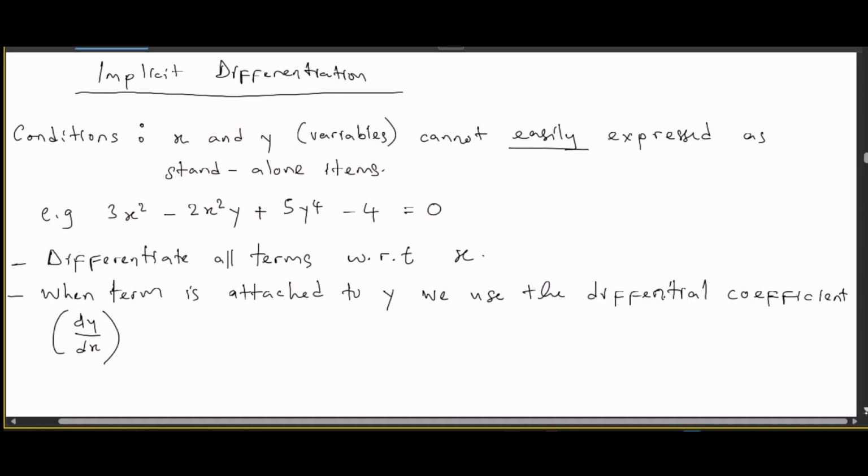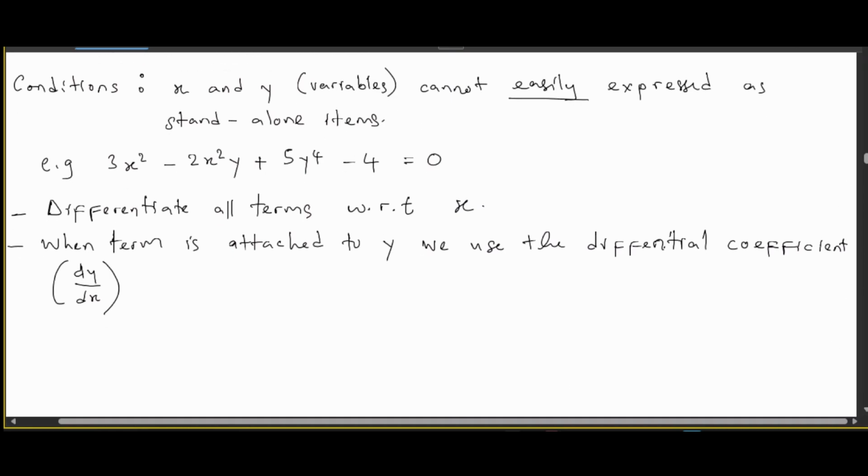In our example, we have to know beforehand that the product rule is used to account for the derivative of a product, if any exists. Let us use this as our example: 3x squared minus 2x squared y plus 5y to the 4 minus 4 is equal to 0.